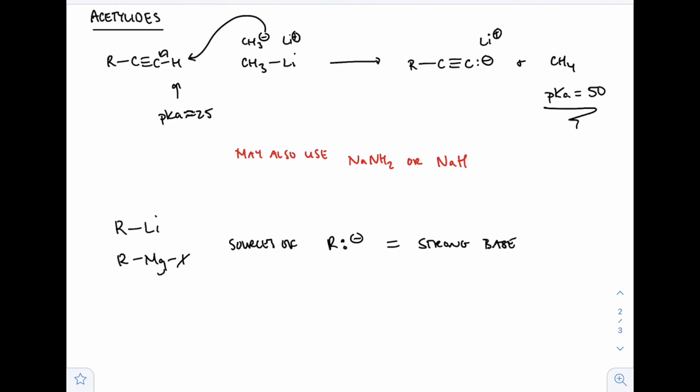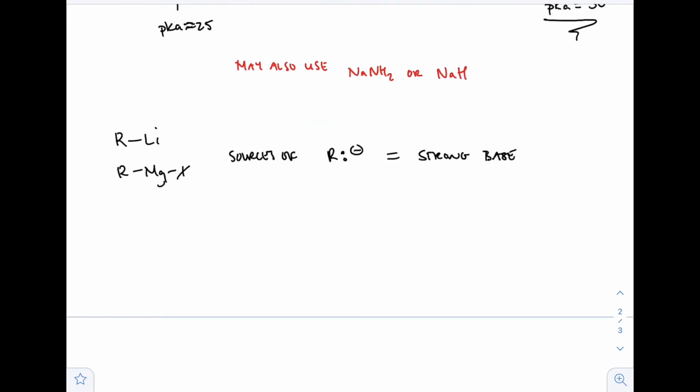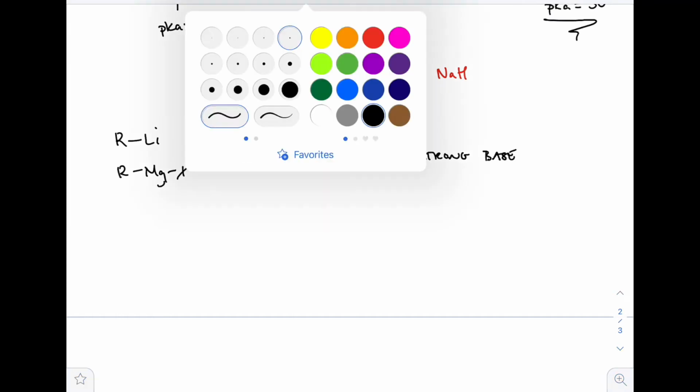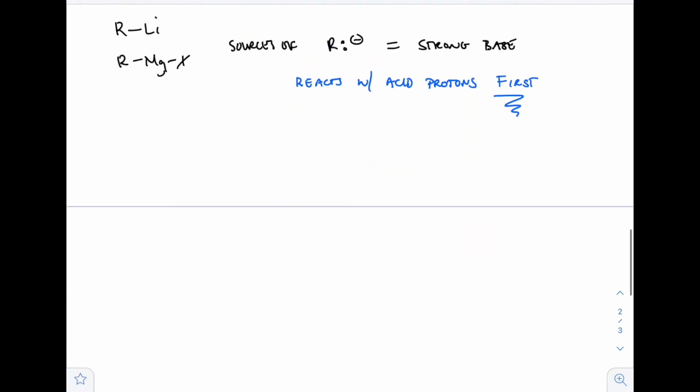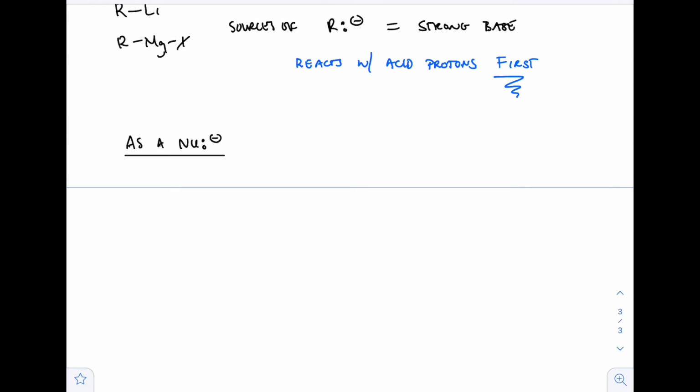And so, like I just said, with the methyl lithium, these are strong bases, and so whenever you're reacting with your desired organic compound, you have to be careful because it's going to remove acidic protons first and foremost, right? And so if you have alcohols or carboxylic acids present, then it's not going to work out for you. Okay, and we'll see how to circumvent that issue in a little bit with protecting groups, but first let's look at them as nucleophiles, and then we'll see really what I'm talking about.